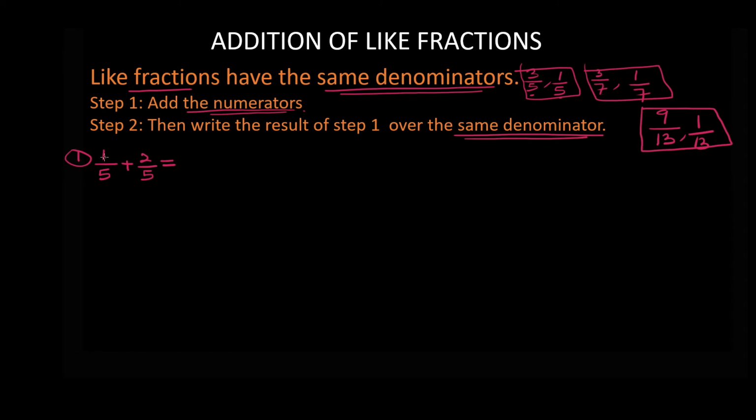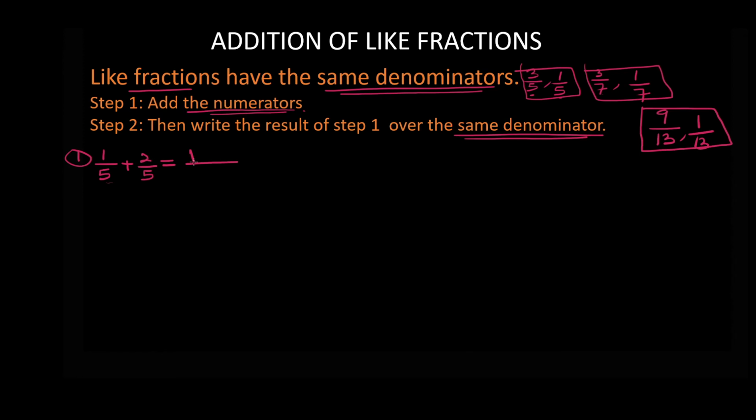Look at this example, 1 over 5 plus 2 over 5. What do we need to do? Remember, these are like fractions because they have the same denominator. First step is add the numerators. What are the numerators? 1 and 2.